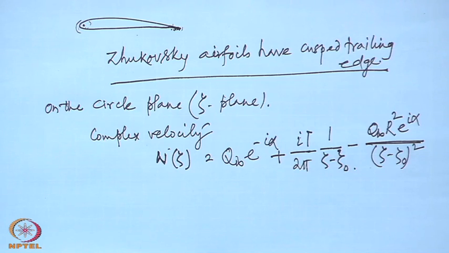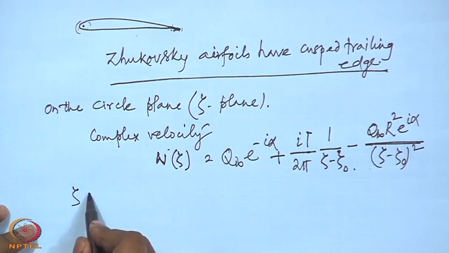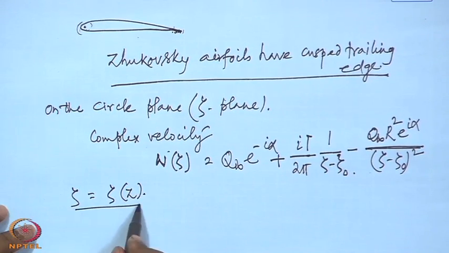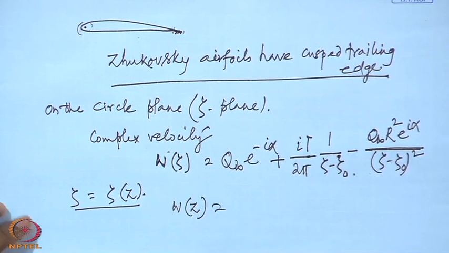What will be the velocity in the complex plane, w z?